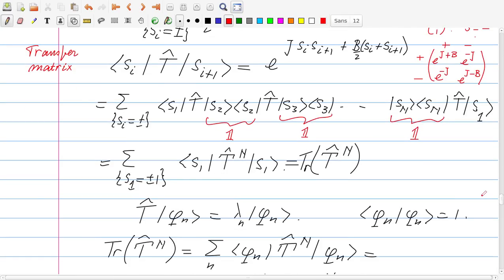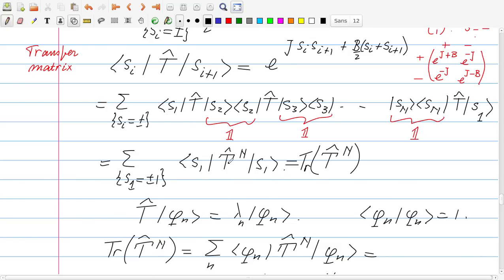And that means that I get a whole lot of T's multiplied by each other. In total I get N of those. And then I'm only left with the first and the last spin, the S1. And I have to sum over the two values that S1 can assume. S1 is plus or minus. So this is the result.